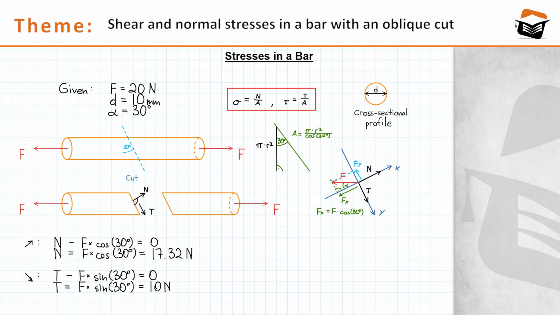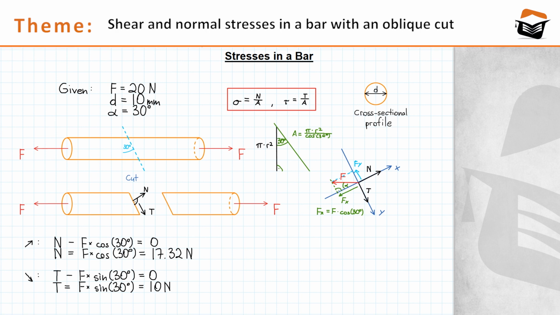The adjacent leg is pi times r squared, and the hypotenuse is our new area that we're looking for. And the hypotenuse is therefore gonna be pi times r squared divided by cosine 30 degrees.